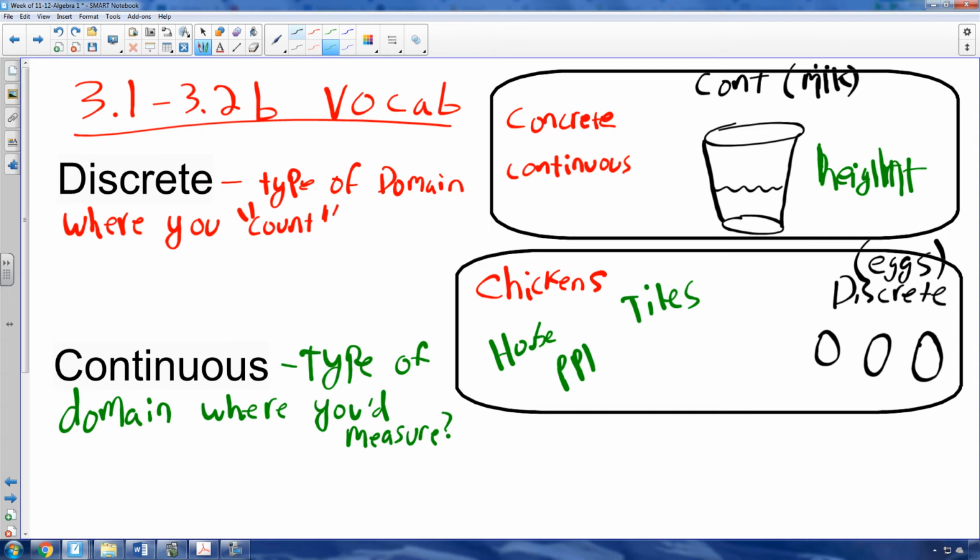You can count how many feet you are, but isn't it true that one person can be 5'1", and another would be 5'1.1", and another 5'1.001", and another 5'1.03", and another 5'1.093"? Isn't that true? Okay.